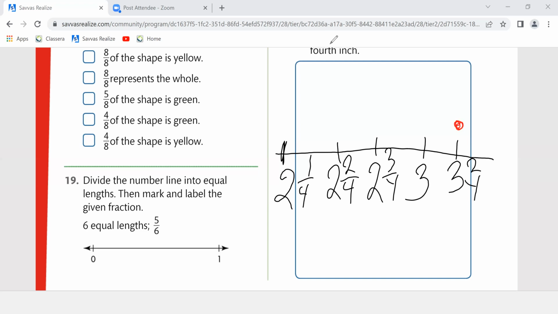Put a dot. Then move your finger down. 3. Put a dot. Next, 3 and 2/4. Again, put a dot. Next, 2 and 1/4. Put a dot. And 2 and 3/4. Put a dot. And then go down to the measurements. 2 and 2/4. And again down. 2 and 1/4. Okay, that's it. This is your picture.